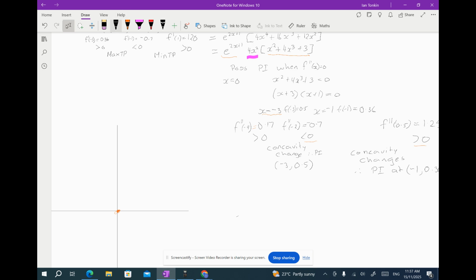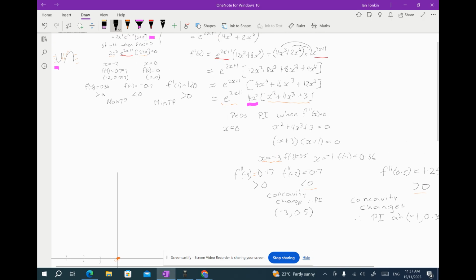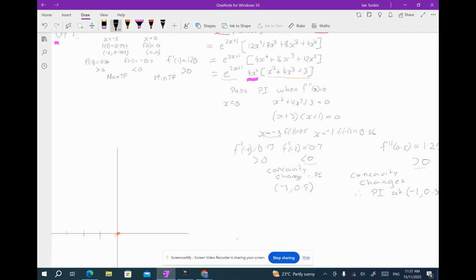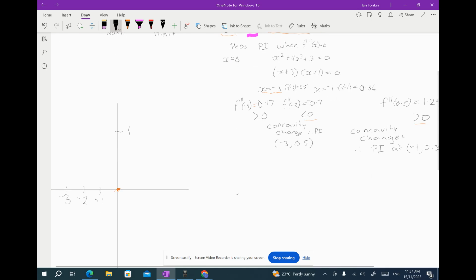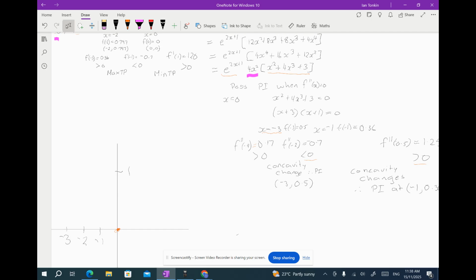So let's just go along here. -1, -2, -3. And at 0, 0, we know we've got a minimum turning point, and at -2 and 0.79, let's do a really big scale here. Let's make that 1. By the way, it's really hard to draw on a tablet, so you're going to have to excuse this. So -2 and 0.79, so I've got this point here.